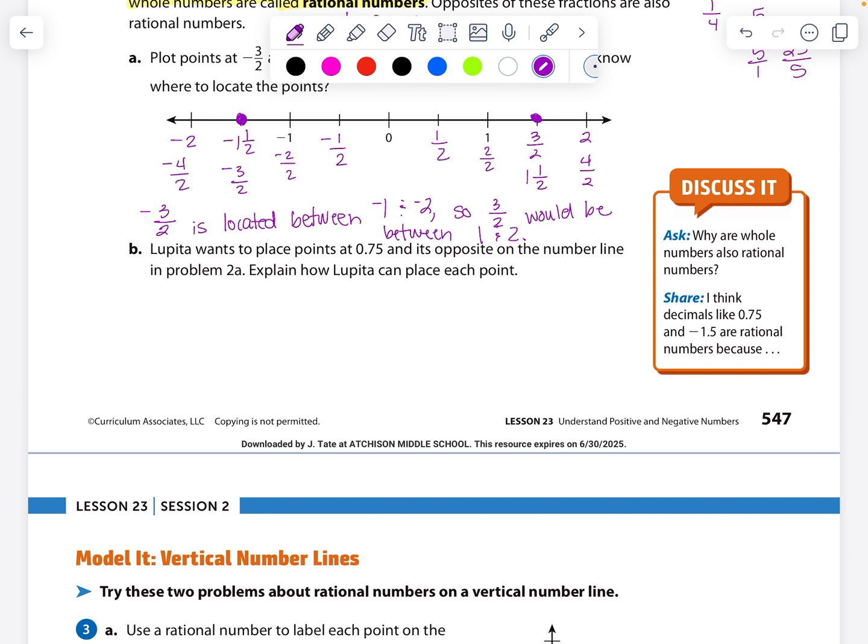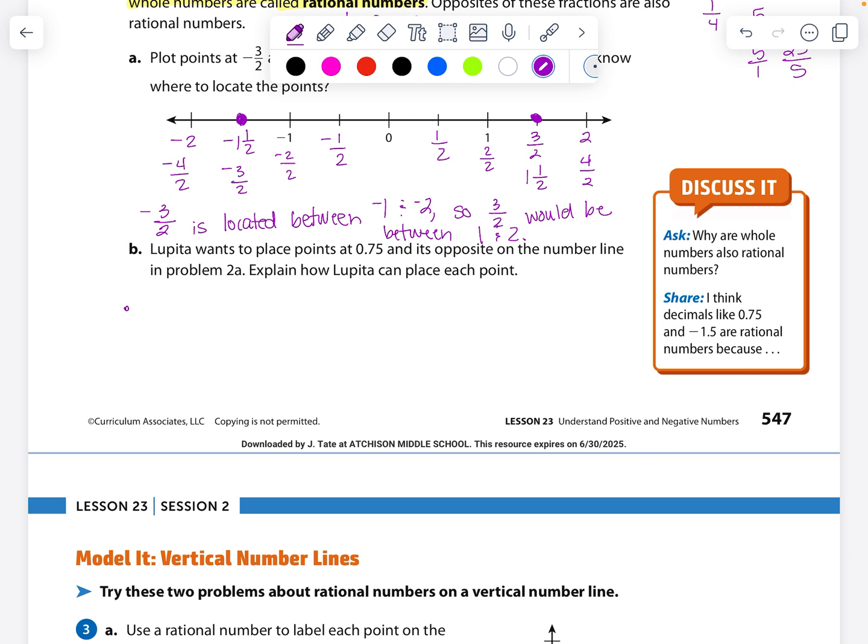B. Lupita wants to place points at 75 hundredths and its opposite on the number line in problem 2A. Explain how Lupita can place each point. So decimals are also rational numbers.